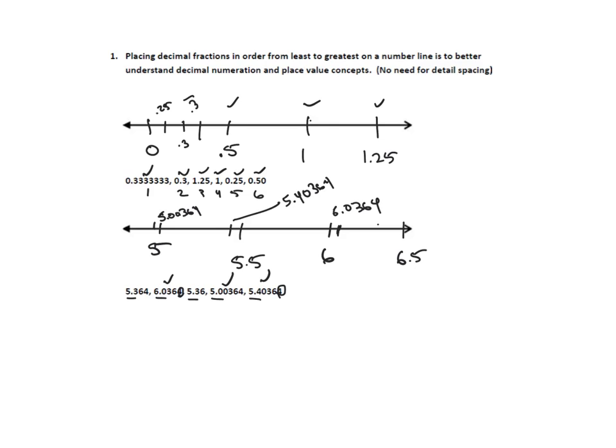And so that one's taken care of. And then I've got 5 and 36 hundredths, and this is 5 and 364 thousandths. So notice this one is 5, and you can actually write it as 360 thousandths. So one's going to be right here. We'll say 5 and 360 thousandths, and then the other one just a little bit beyond it. It's not drawn to scale. As you can see how we're ordering the decimals.